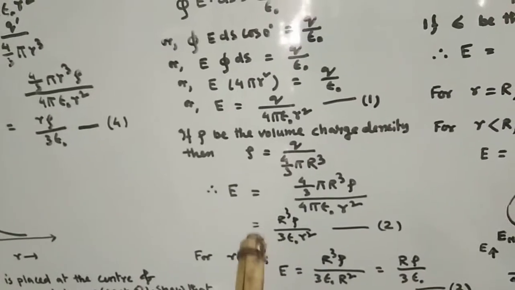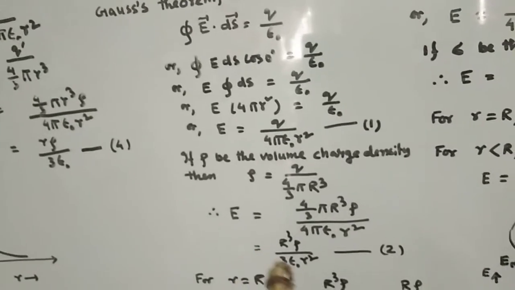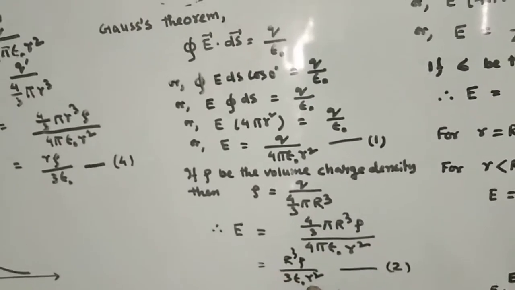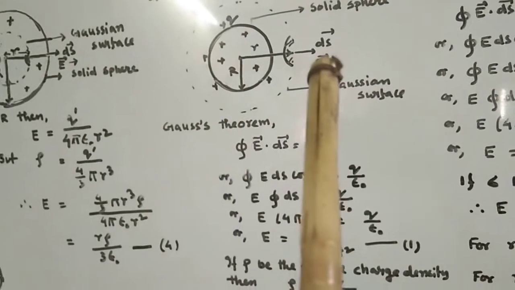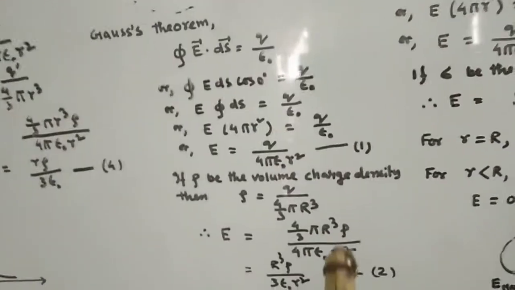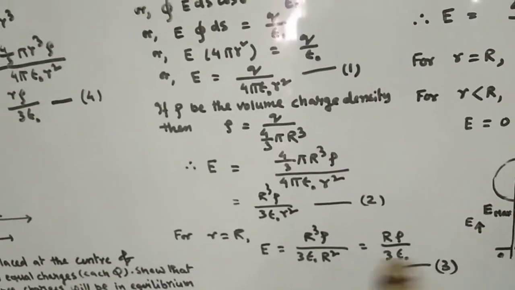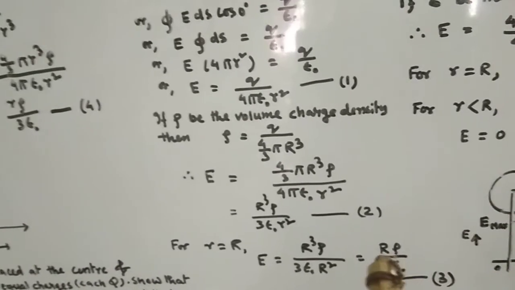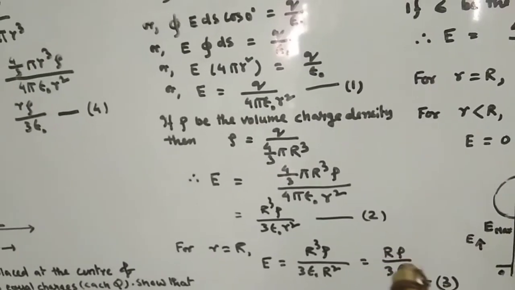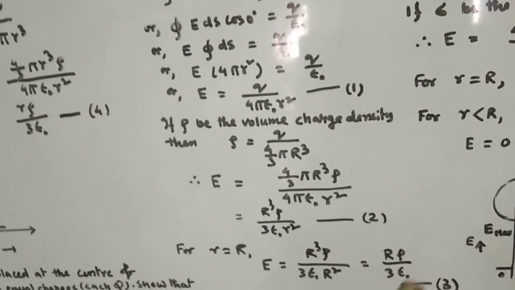Now you see, outside the solid sphere the field is inversely proportional to r square. So if r is more, the field decreases, and on the surface, in this expression, it is independent of small r, it depends on capital R. If the radius is more, then more field will be there.